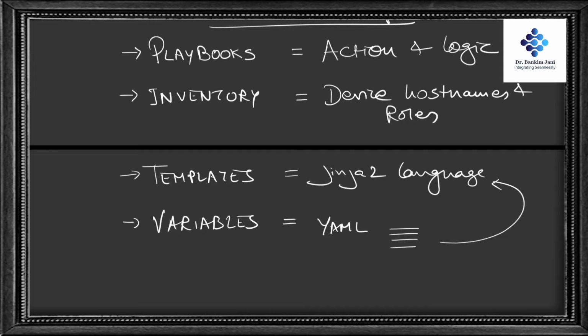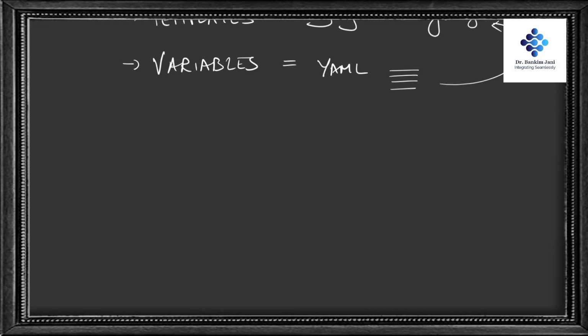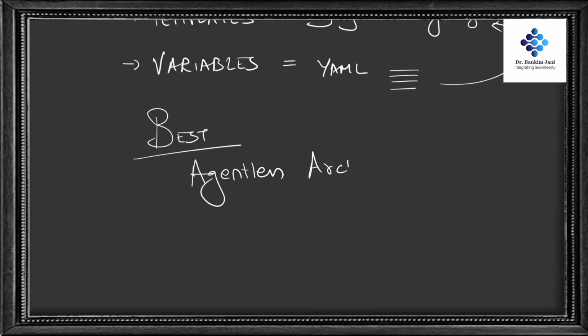One interesting thing, and this is the best part of it, is agentless architecture. What I mean by agentless architecture is that there is no need to run any code or any agent on any of your network devices. Nothing.